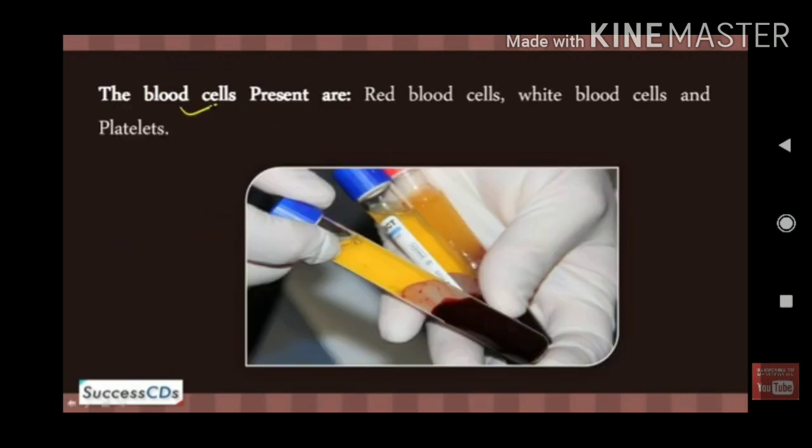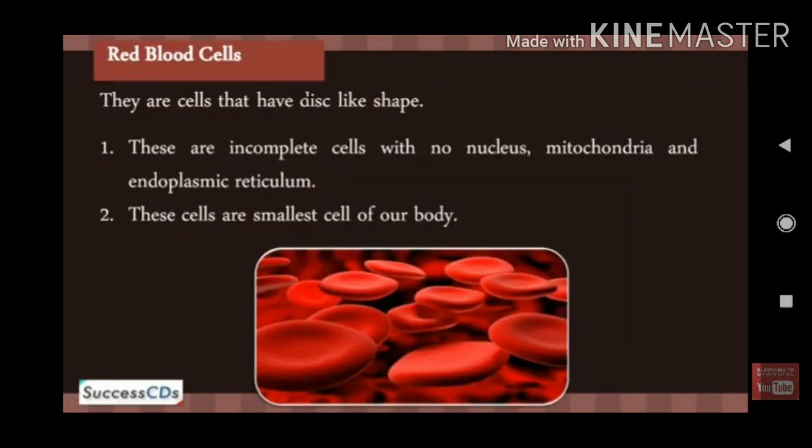If you take blood, there are three different types of blood cells: red blood corpuscles, we call it RBC, white blood corpuscles, we call it WBC, and the blood platelets. The red blood corpuscles are biconcave, disc shaped. In young RBC cells, the nucleus is present.